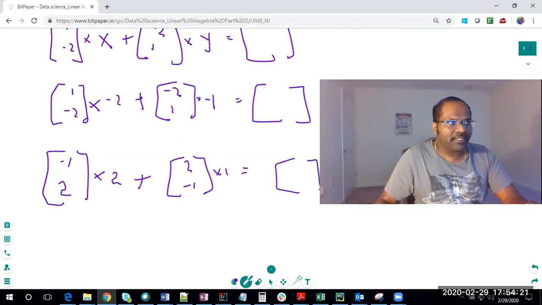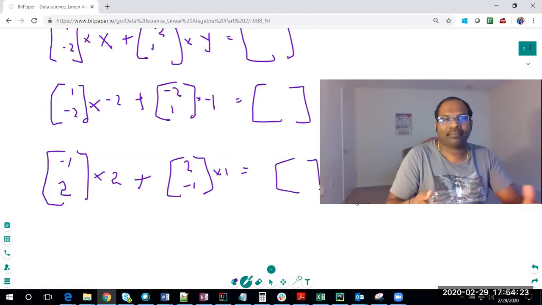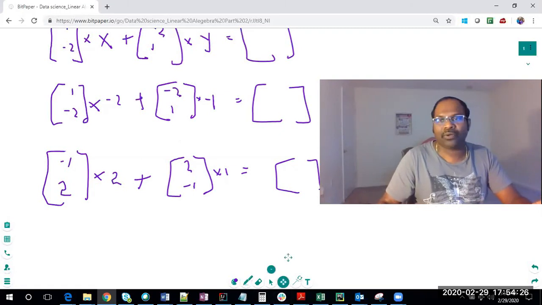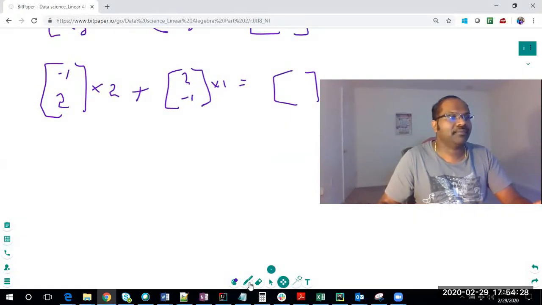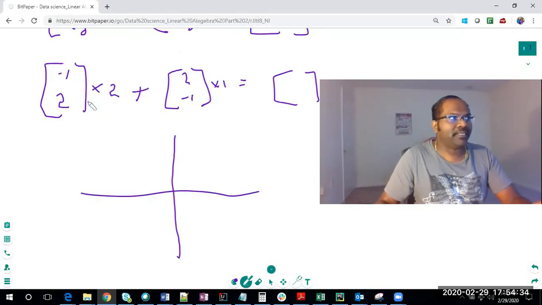And now it's easy to present in a pictorial representation. So let's try to draw the x and y coordinates. This is y and x. Let's represent this vector: let x be -1 somewhere here, and y be 2 somewhere here. So the vector will be like this, right? This is a vector.